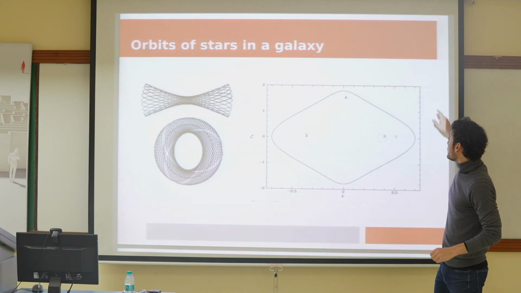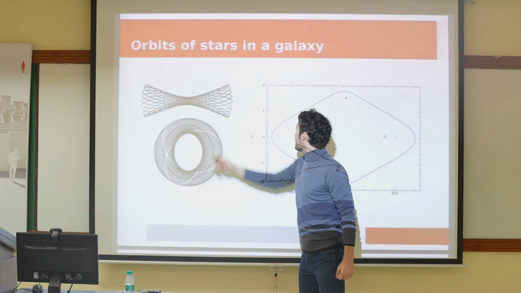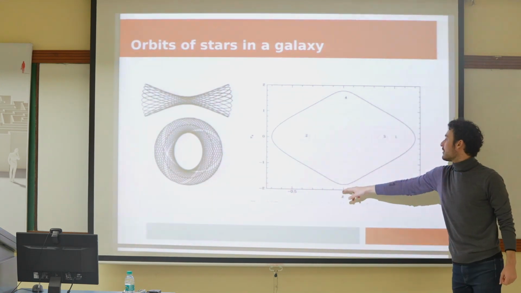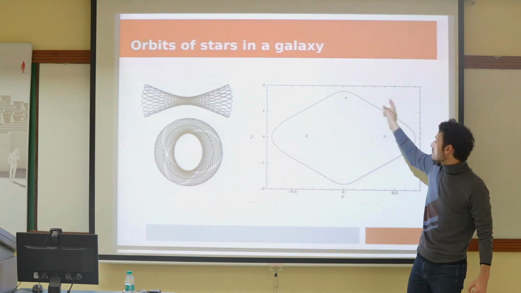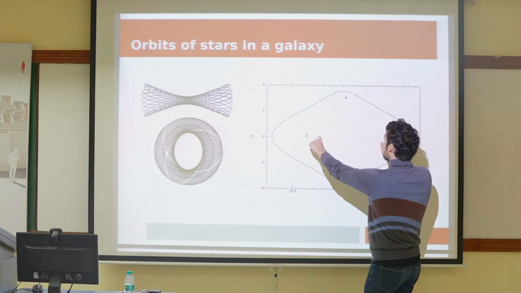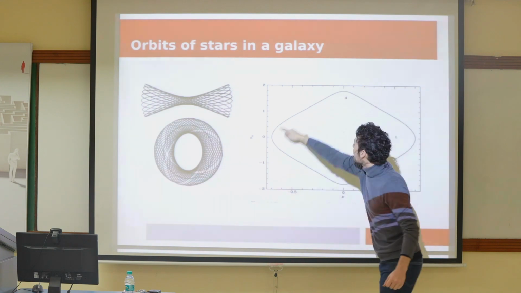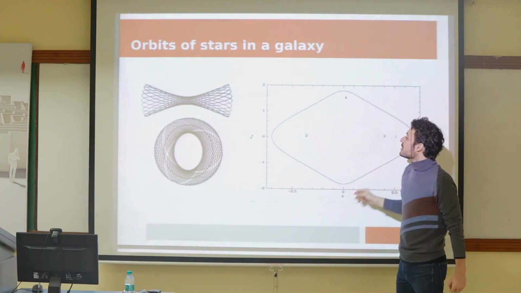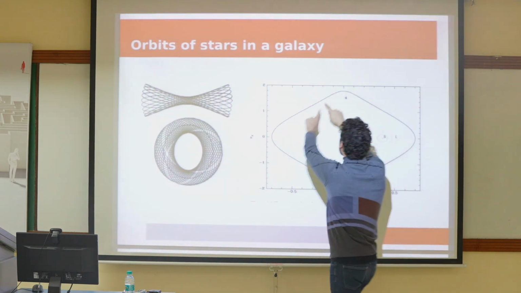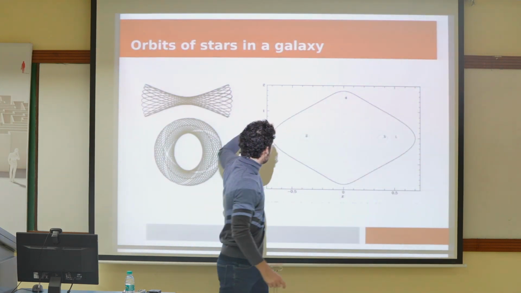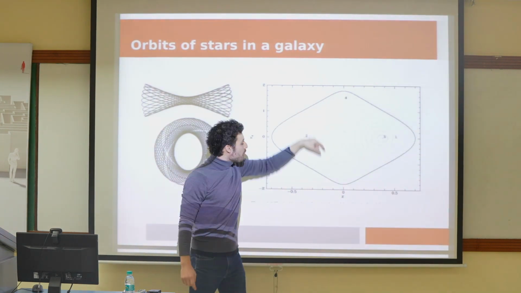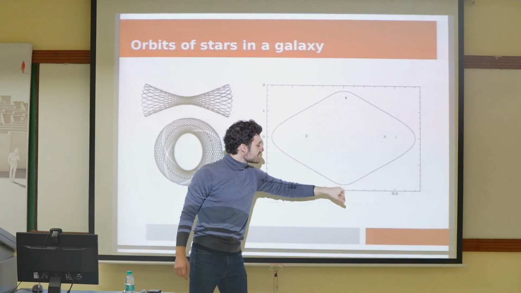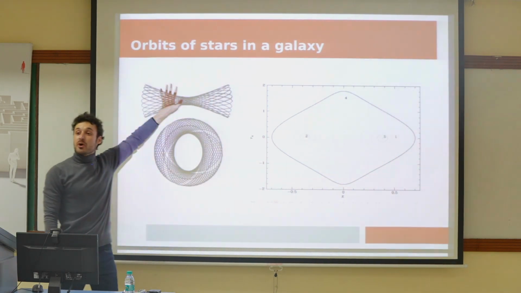On the other hand, orbits that do cross the center, that are allowed near x equals 0, basically what these things do is that they won't stick around here, they'll live in this part of the Poincaré section. So these surfaces here, the ones that go via the center of the galaxy, these correspond to the box orbits over there.